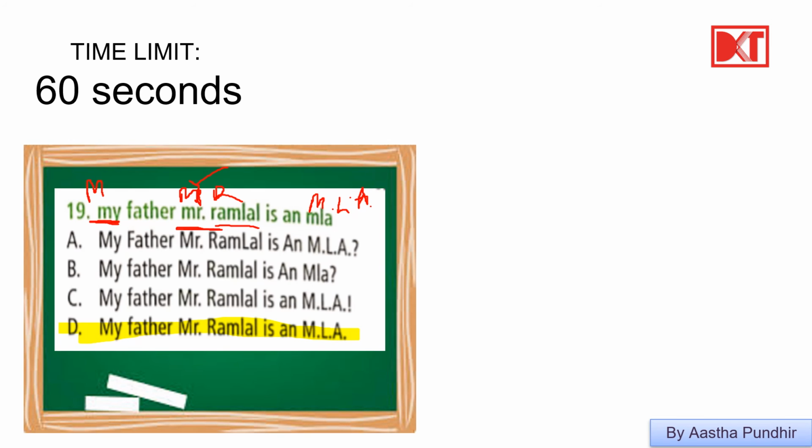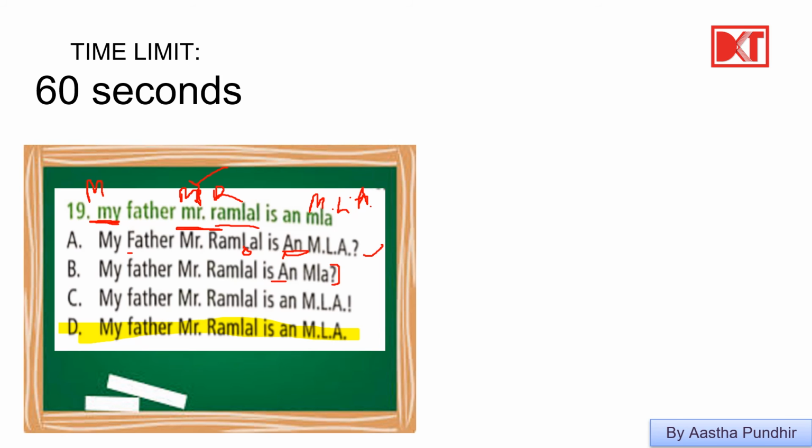Why not the other ones? So in the A option, this F is given as capital for father, which is incorrect. Then here L is also capital, which is incorrect. This F and L. Then an A is capital, which is incorrect. And then there's a question mark in the end, which is also incorrect. Then similarly in B, here there's a question mark, which is incorrect.